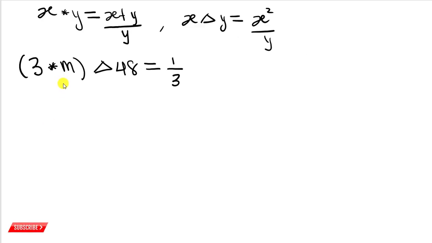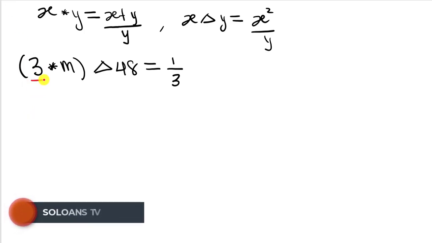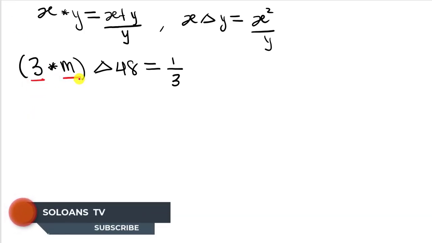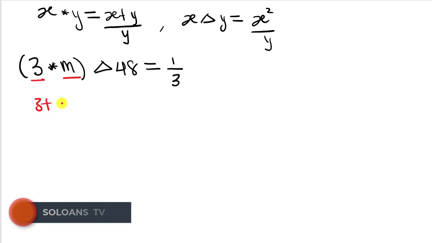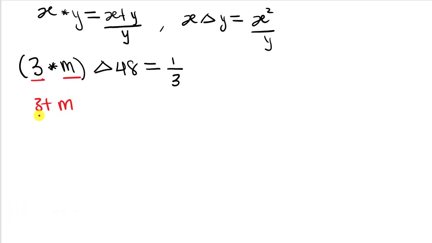Per the star operation, it is (x plus y) over y. That is the definition. So from what we are having here, this becomes our x, this becomes our y. So we are going to have (3 plus m) over m. You put that in brackets.